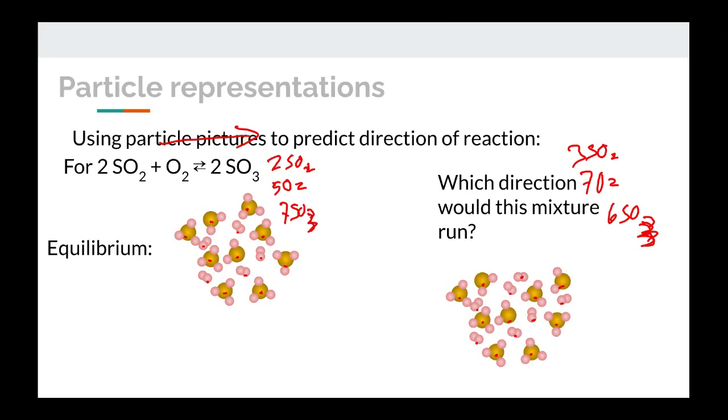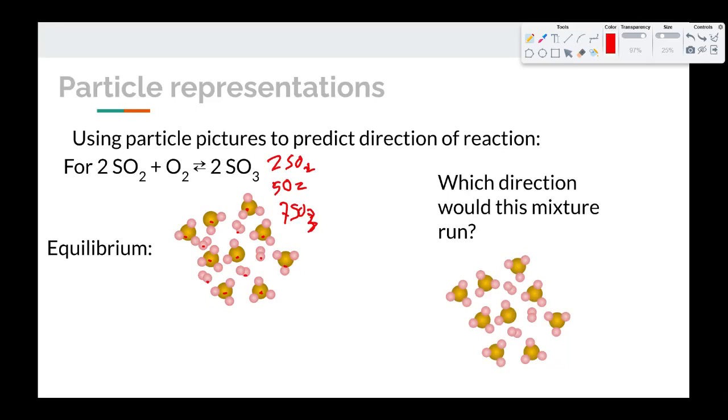Here's another case. Which direction would this mixture run? Let's do our count here. For SO2, we have 1 SO2. Oxygen, we have 3 O2s. SO3, we have 8 SO3.